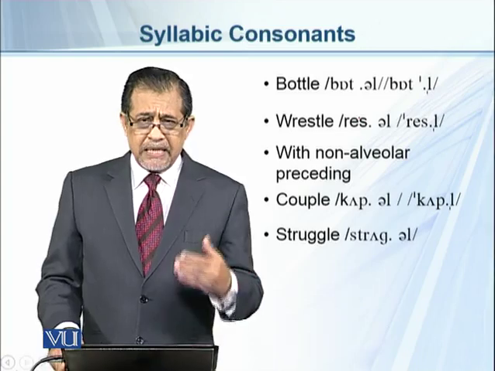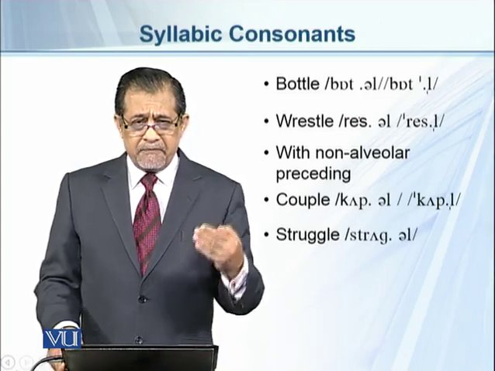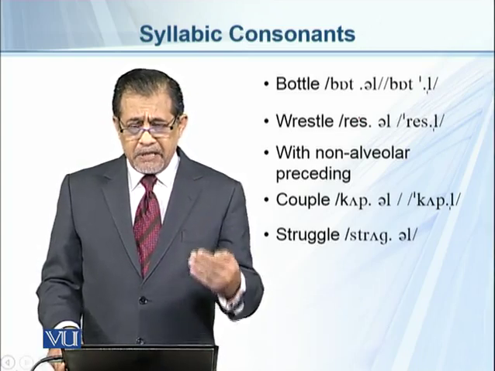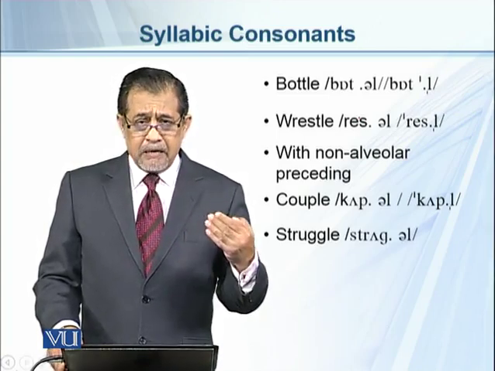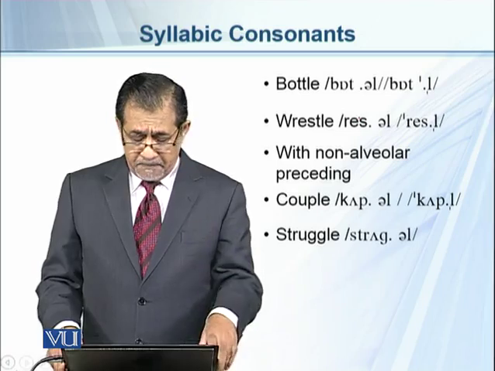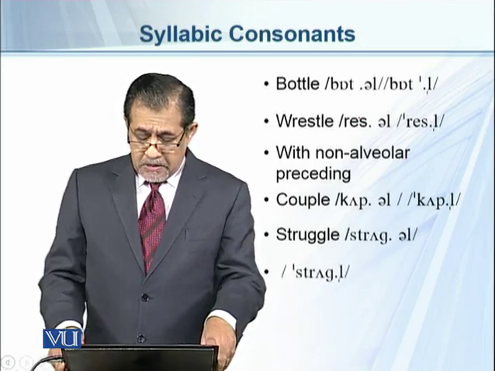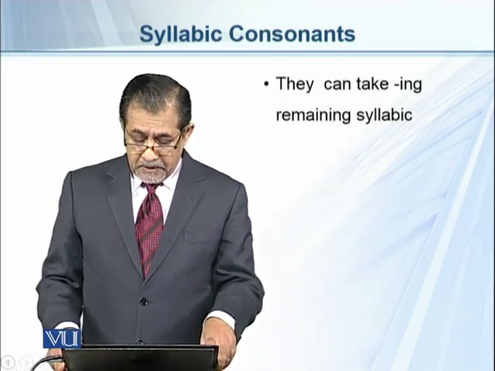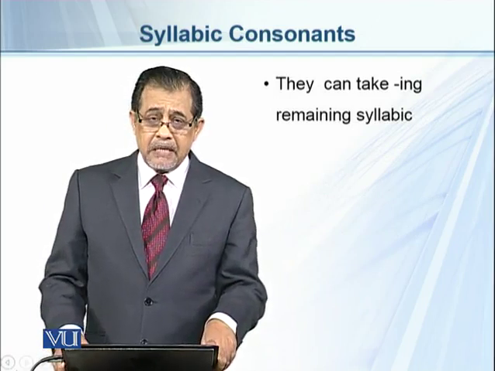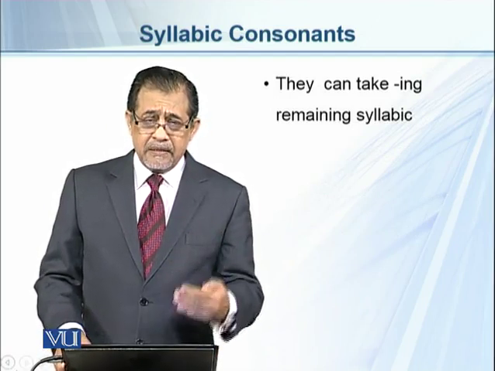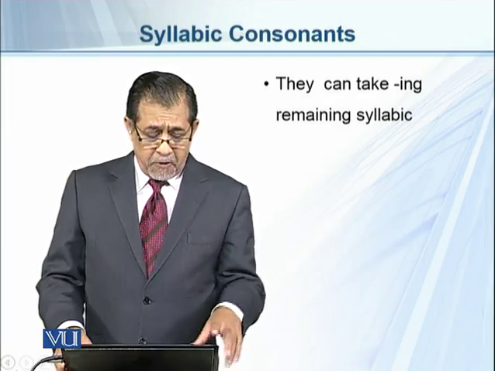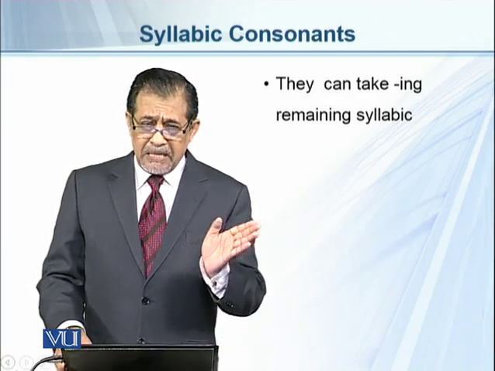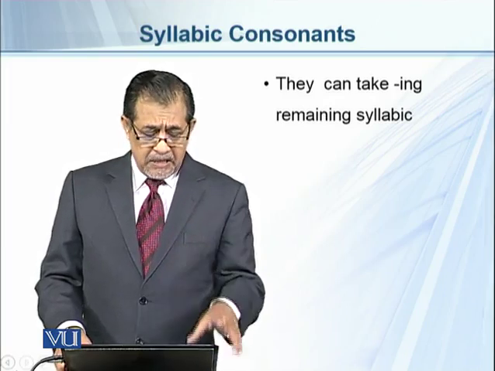So we can say that plosives or stops, affricates, or fricatives are possible in the preceding syllable. They can take ing while remaining syllabic. We can add the ing suffix, the progressive form, and keep the syllabification intact.